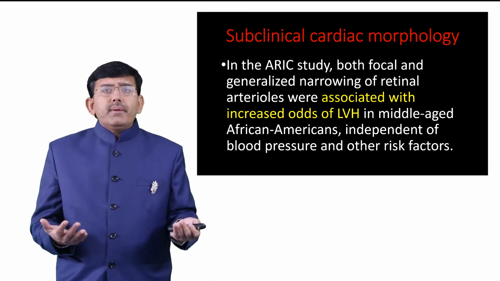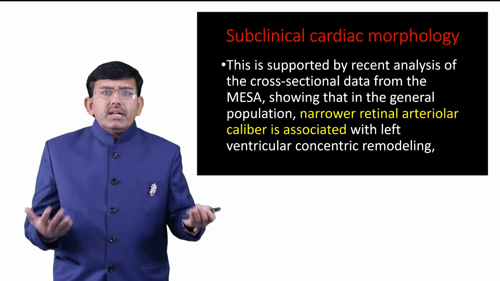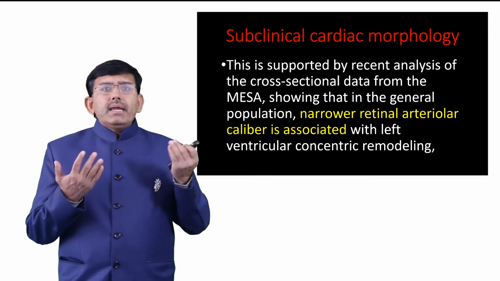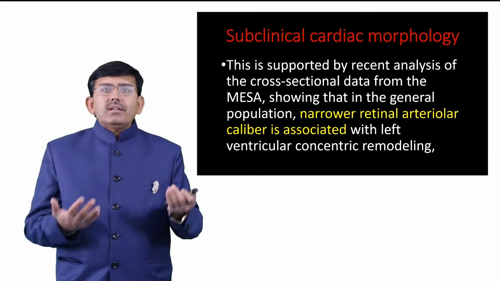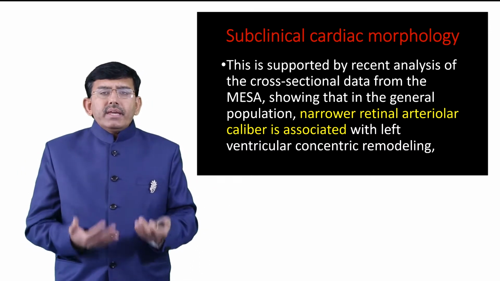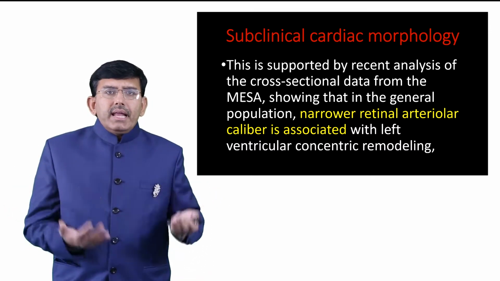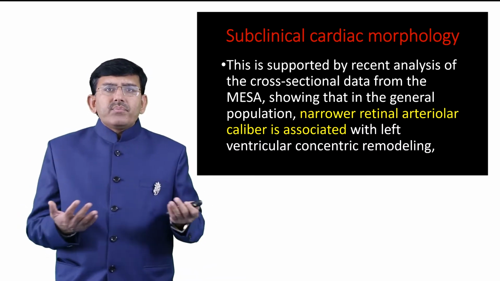This is supported by recent analysis of the cross-sectional data from the MESA showing that in the general population, narrower retinal arteriolar caliber is associated with left ventricular concentric remodeling.